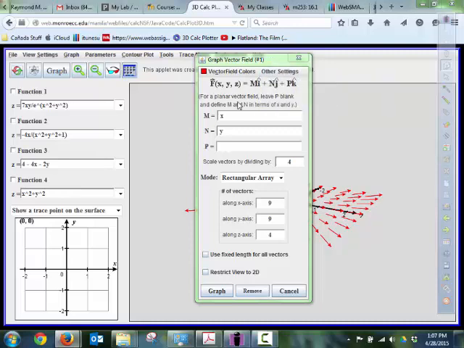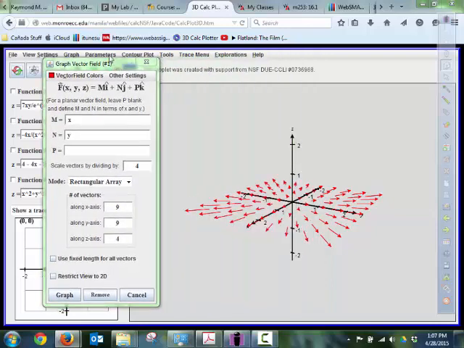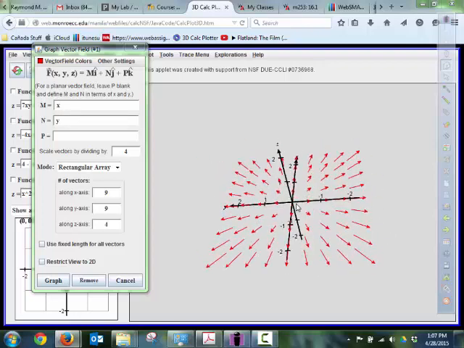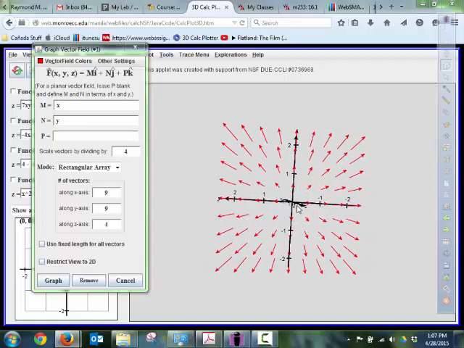I was just going to talk about how cool this was, but now I can't change these values. Well, this isn't 1/2 x comma y, it's x comma y. But if you wanted to do this and look at it from a 2-dimensional point of view, just look at it from the top.